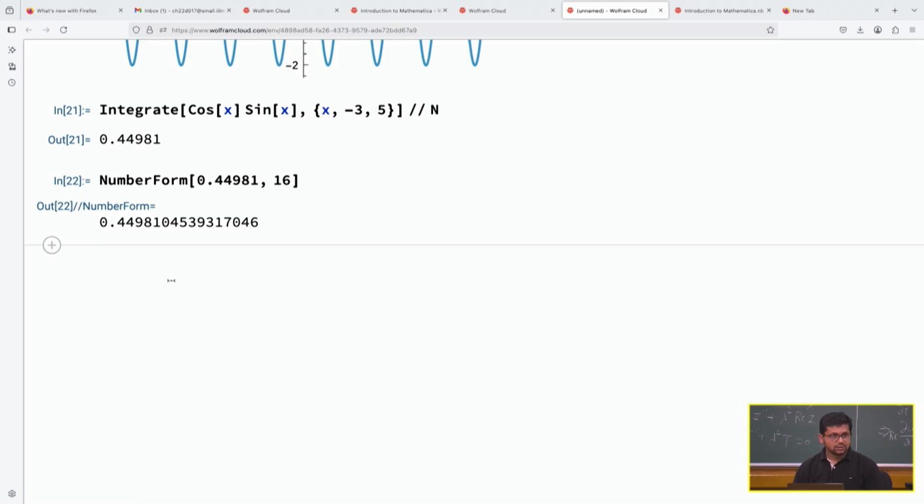The other thing is that in Mathematica we have 3 equal to's. Let me put it again, alt 6, so I will come to a subsection.